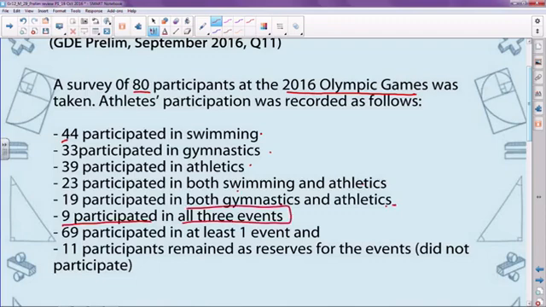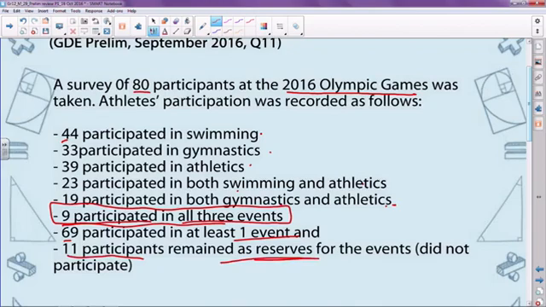Now for me, when I go through the information, I highlight the intersection where all 3 events intersect. That will be an important point, especially when you start drawing a Venn diagram. The important point to start with is where all 3 events intersect. So I highlight that and remember that. And then 69 participated in at least 1 event, and 11 participants remained as reserve. So in other words, they did not participate.